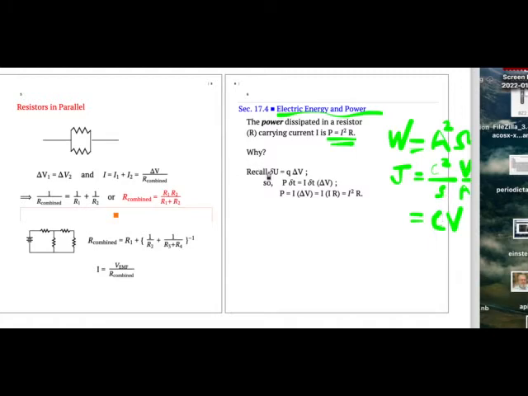Recall the relationship between electric potential energy and charge. The change in potential energy, or I guess I better call this delta U, the change in potential energy is Q times the change in electric potential. That's really the definition of electric potential.